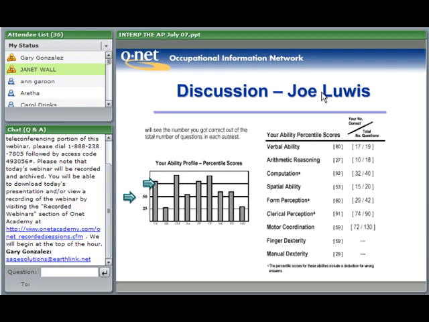Imagine taking the midpoint of each of these bars and drawing a line between each of the bars, and you get a shape that is created. And it's that kind of shape of the person that is matched up to the shape of the occupation, the occupational requirements.